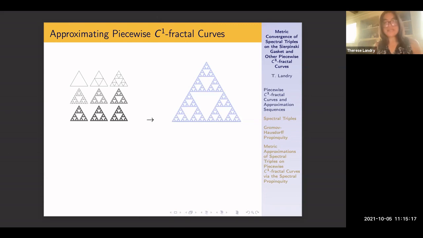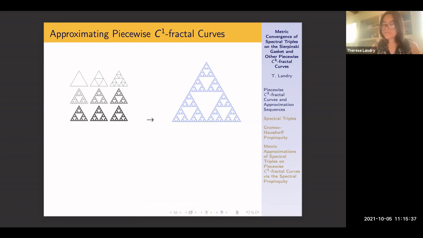So the theory of harmonic functions on the Sierpinski gasket relies on this particular sequence of finite graphs. And many fractal curves can be approximated by simpler structures like finite graphs. And of course, the Sierpinski gasket is one example.